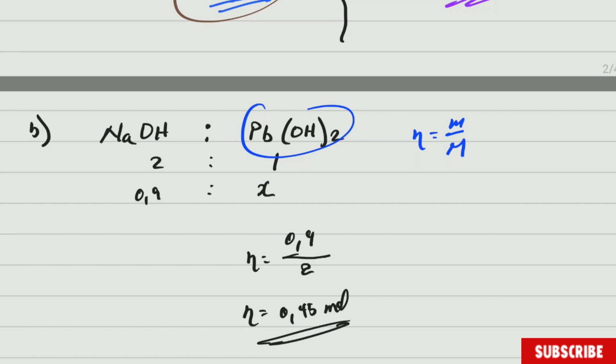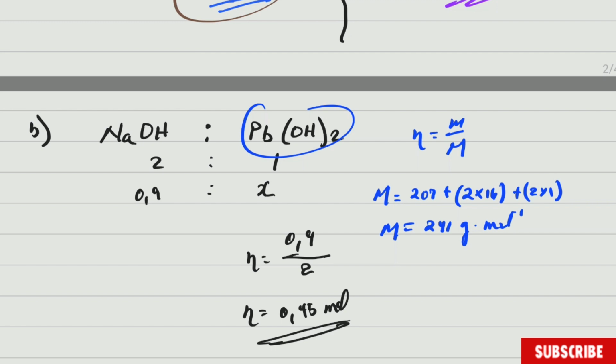It is 207 plus 2 times 16 plus 2 times 1, and you get that the molar mass is 241 grams per mole.